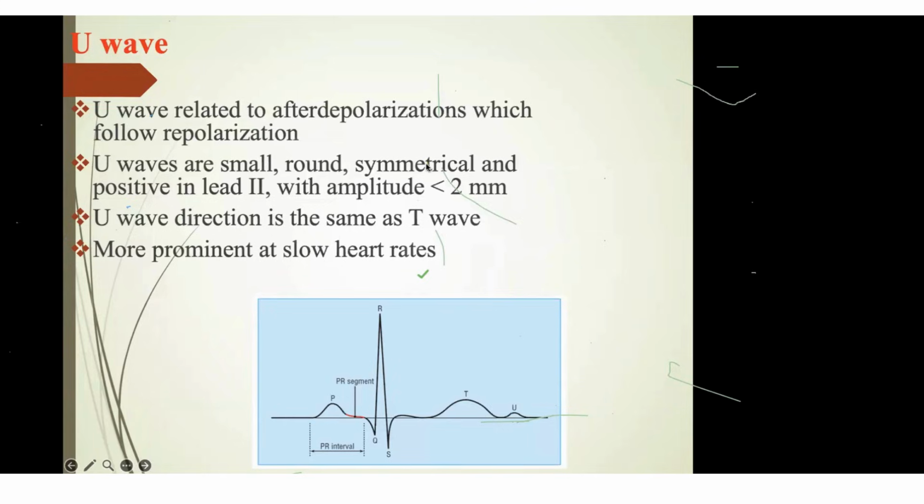When the heart rate increases, the refractory periods of the bundle branches will be different. So, increased heart rate can present with a new onset LBBB or RBBB. It does not indicate any pathology.